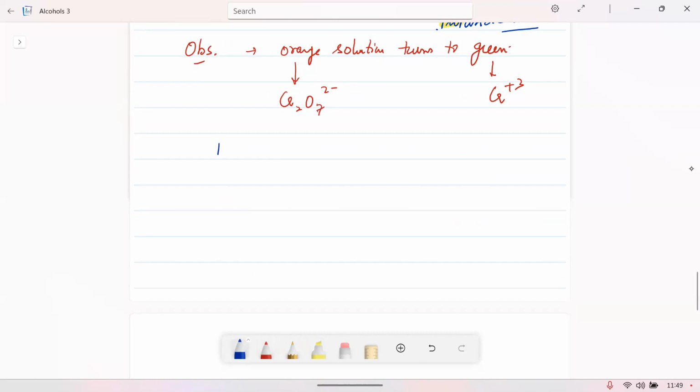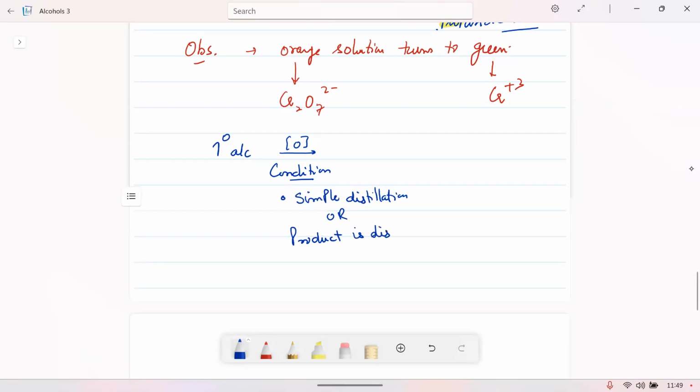So when the primary alcohol is oxidized, the examiner will use 2 things. If they ask you the condition, you can say under simple distillation, or you can say the product is distilled off, or sometimes the word used is removed.